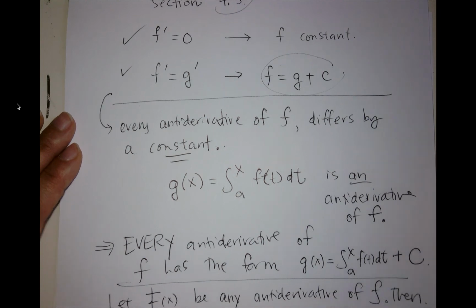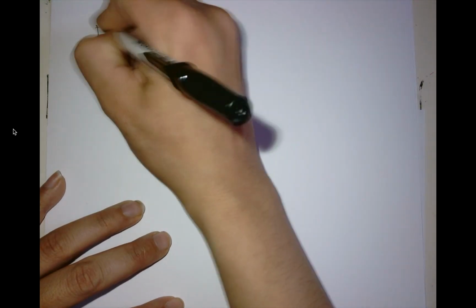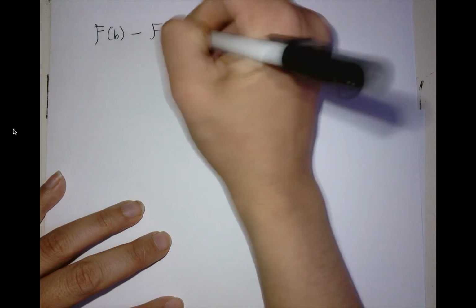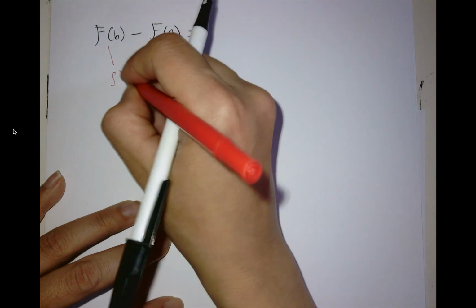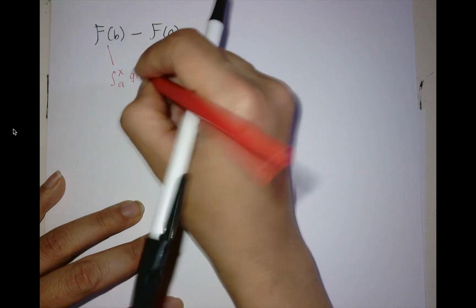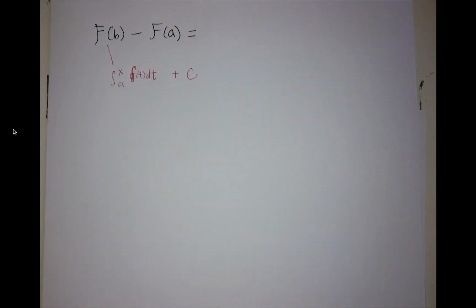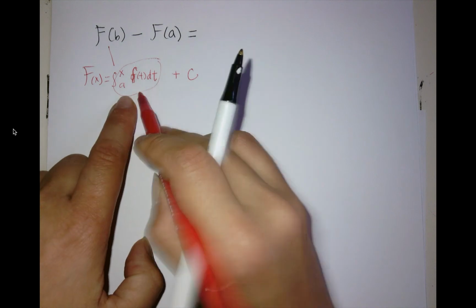Then what we have is that if capital F is any antiderivative of lowercase f, then if I try to compute F of b minus F of a, well, I know as an antiderivative that capital F of x has to only differ from g of x by a constant.